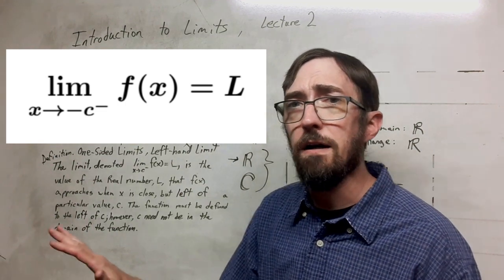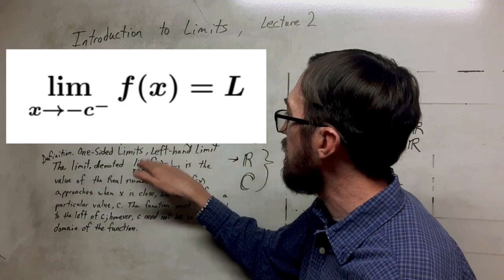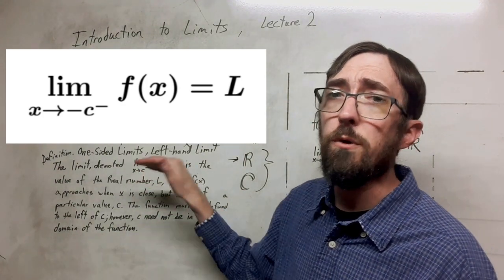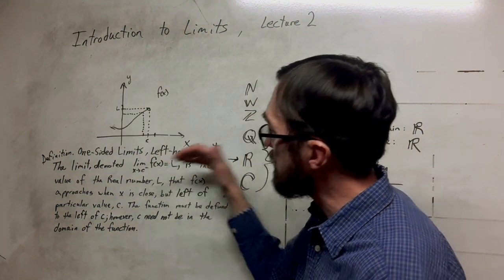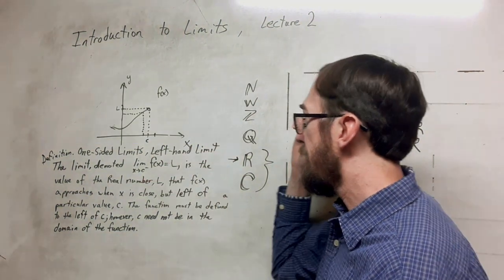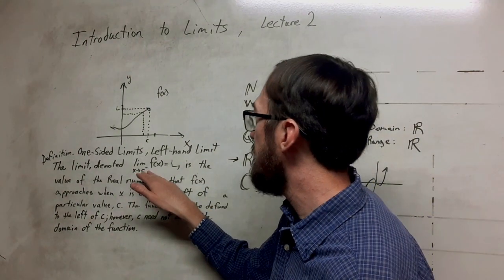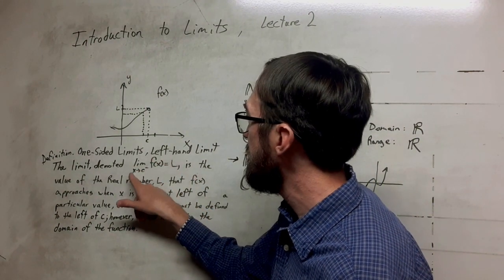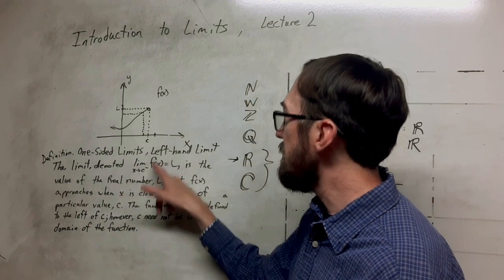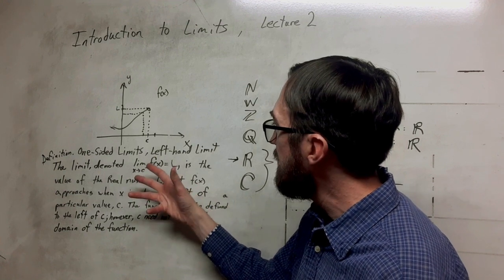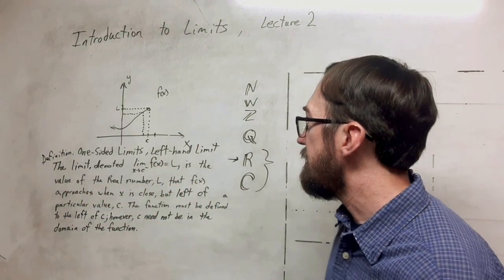That's perfectly fine. If that were the case, there would be a negative in front of the c, and then also in the superscript position, we would see this negative sign. So being that it's on the right-hand side of c and in the superscript position, this is indicating we are approaching the value c from the left, looking at our x values, and we want the limit of f of x, and that is going to be L, which is a real number.